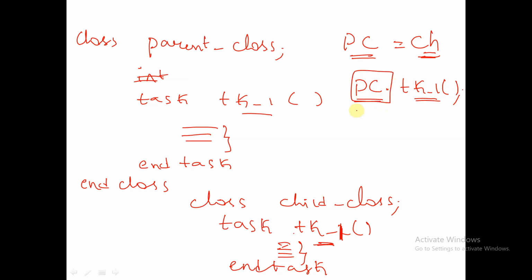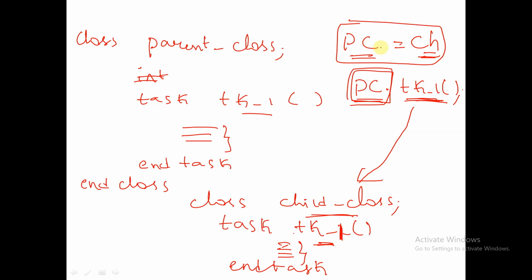So what I will expect is that the logic present inside my child class task will be executed. When I call my task with my parent handle, PC.tk_1, I will think the task present inside my child class will be executed, because I have assigned my child class to the parent class, that is, the parent class is pointing to a child class.